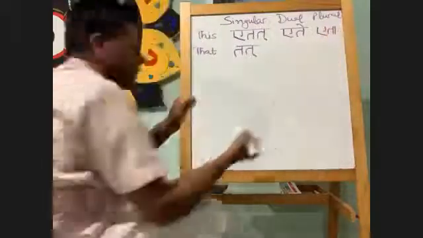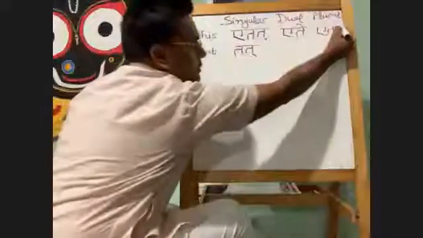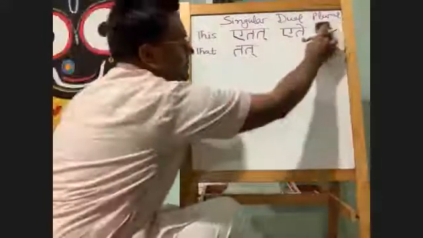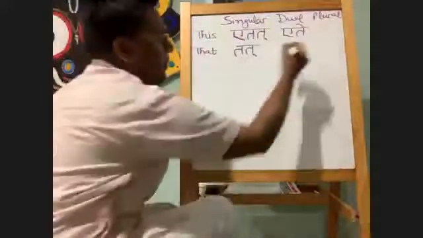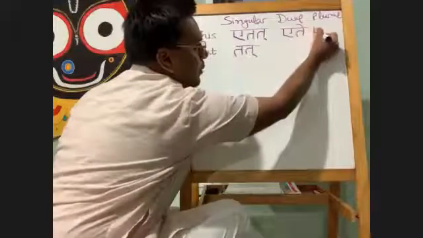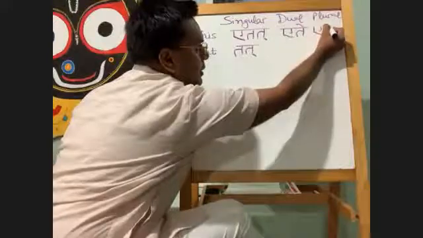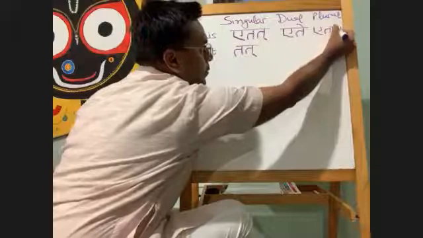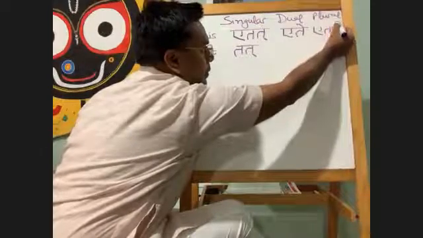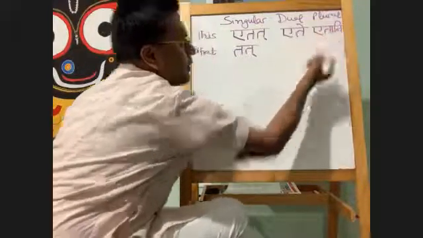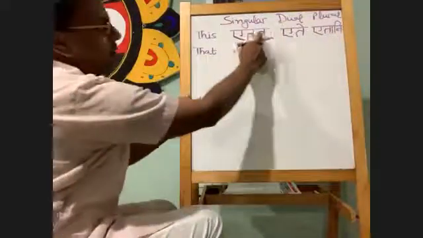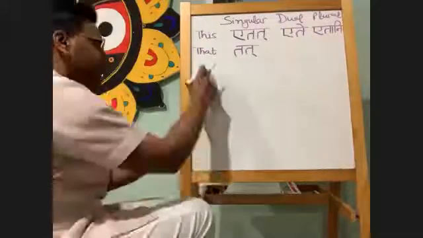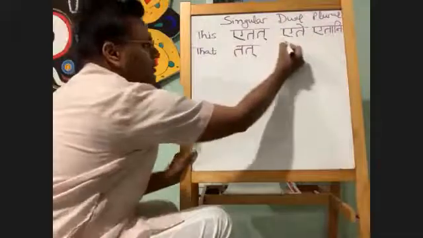I may have a little less space here, so let me erase it and rewrite, moving forward a little bit. Okay, so etat, ete, etani, and the same way for that, tat.